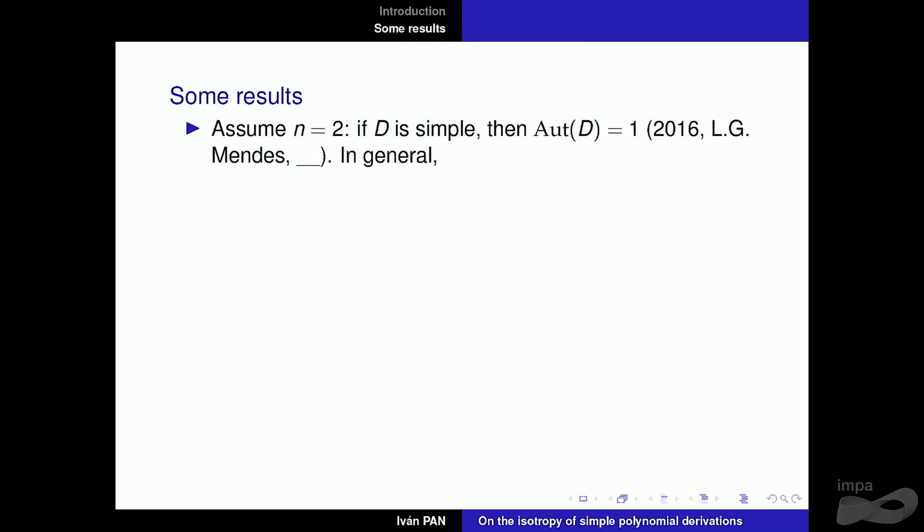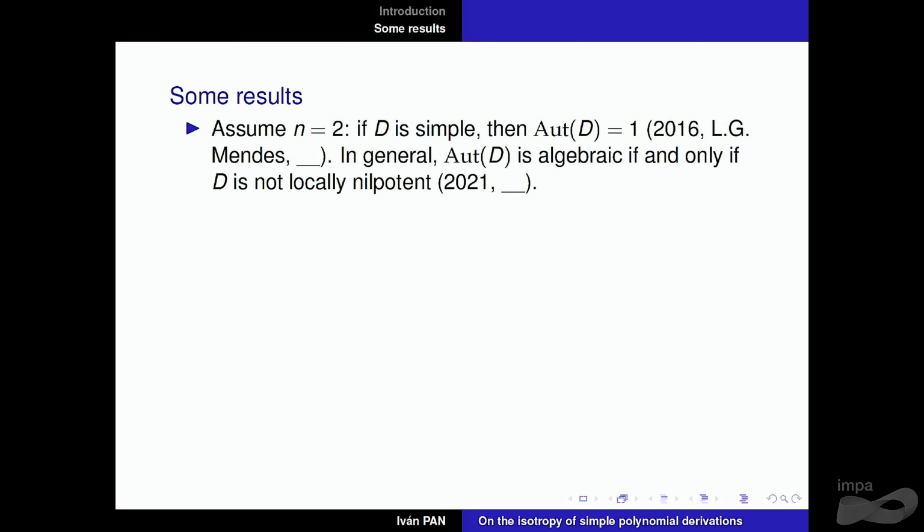And in general, that is when D is an arbitrary derivation in two variables, then the isotropy is algebraic, in the sense that it's an algebraic group acting algebraically on the affine plane, if and only if D is non-locally nilpotent. That is, one may characterize, in this case, the nilpotence in terms of the algebraicity, or non-algebraicity, of the isotropy.